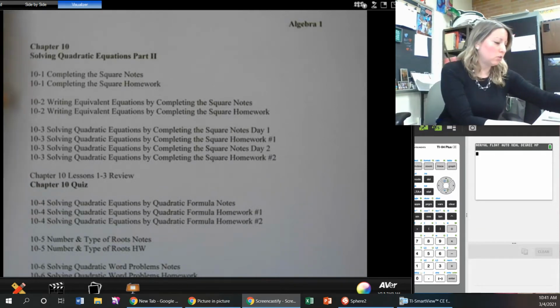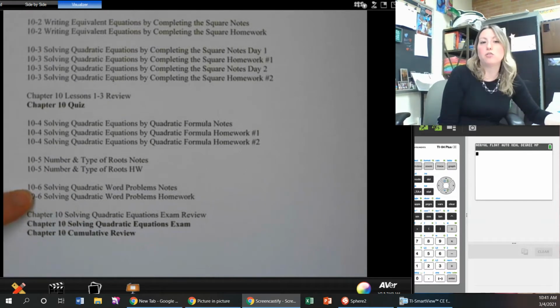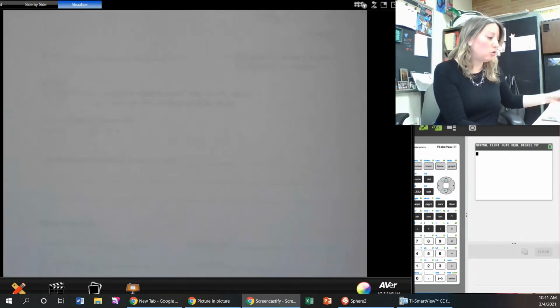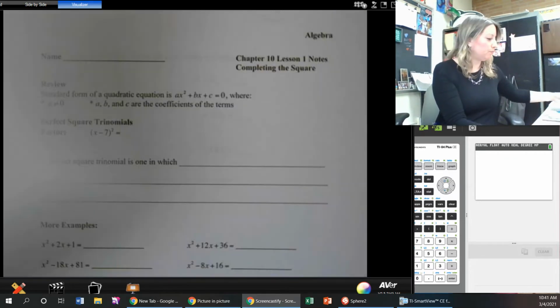And then, of course, revisiting solving quadratic word problems. So here we go. Let's start talking about what it would mean to complete the square.